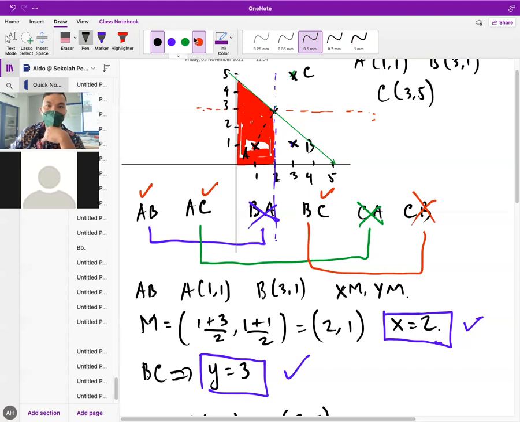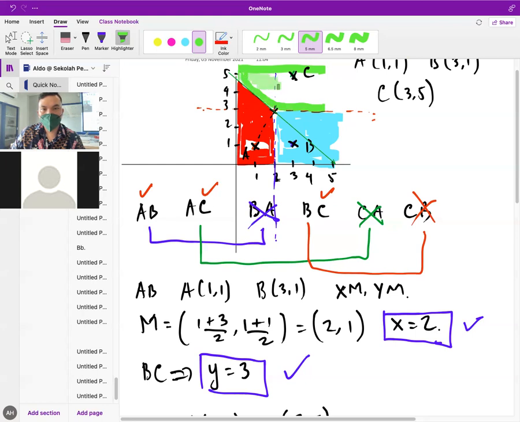So therefore, this is B. And then what about C? C is the green. Okay, here.